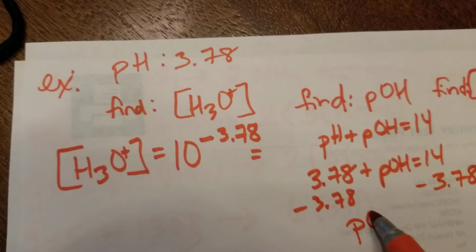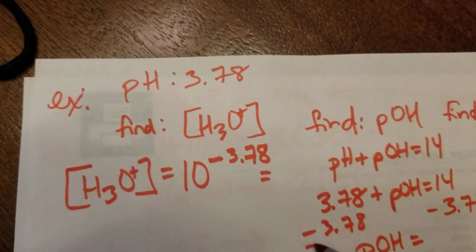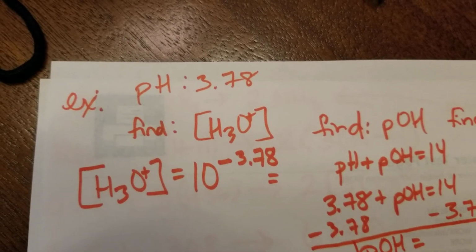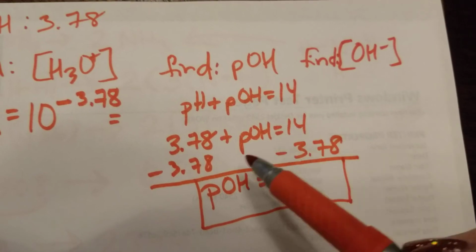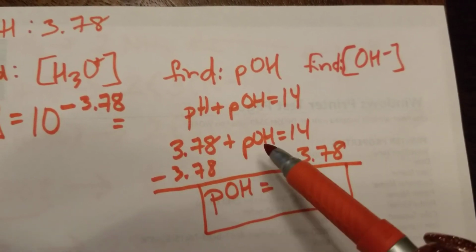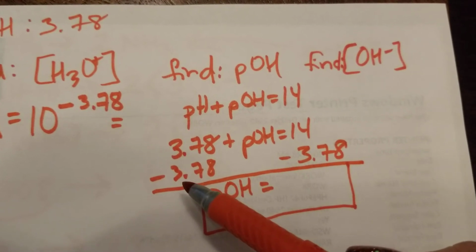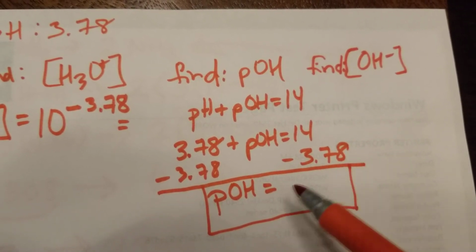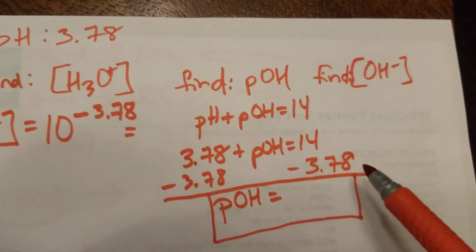You get pOH equals 14 minus 3.78, which should give you the value there. Again, you know the pH plus pOH is going to equal 14. It's just algebra. Subtract 3.78 from both sides, and you get pOH equals whatever 14 minus 3.78 is.